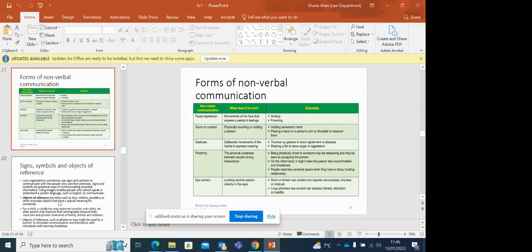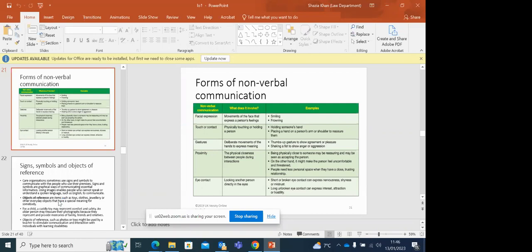Then proximity is another one, the physical closeness between people during interactions. Being physically close to someone may be reassuring and may be seen as accepting the person. On the other hand, it may make the person feel uncomfortable and threatened. People need less personal space when they have a close, trusting relationship.